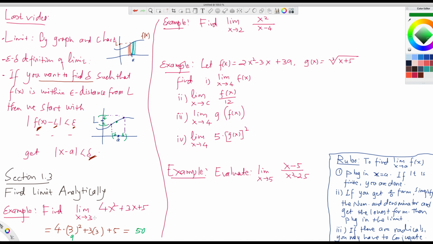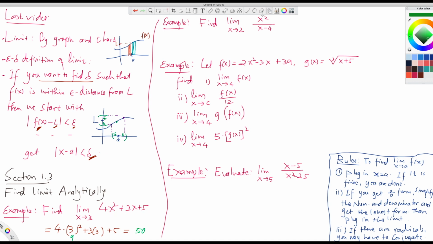In that case, we say the limit does not exist. Or sometimes we get 0 over 0. In that case, you will have to do some more work before you plug in the limit. I will give you that type of example later, but for now, just keep this in mind: if you are finding the limit of a function, you plug that limit value into the x.